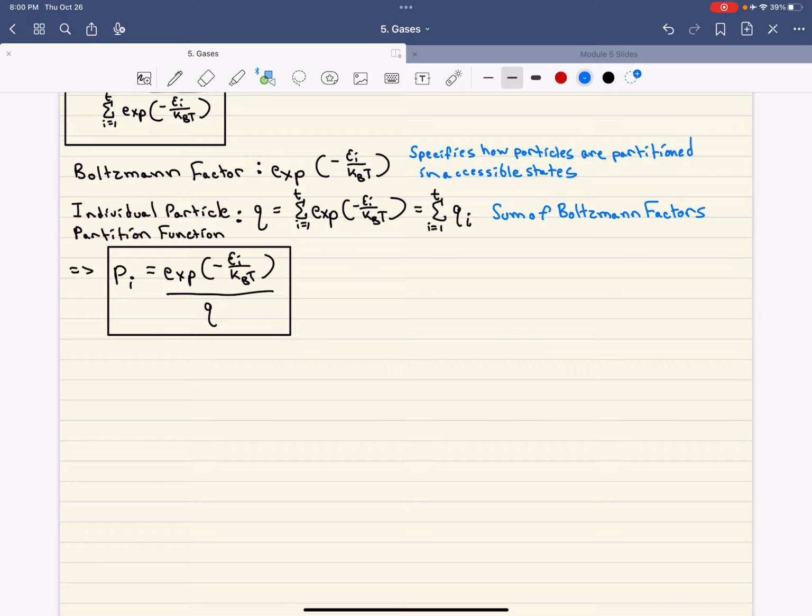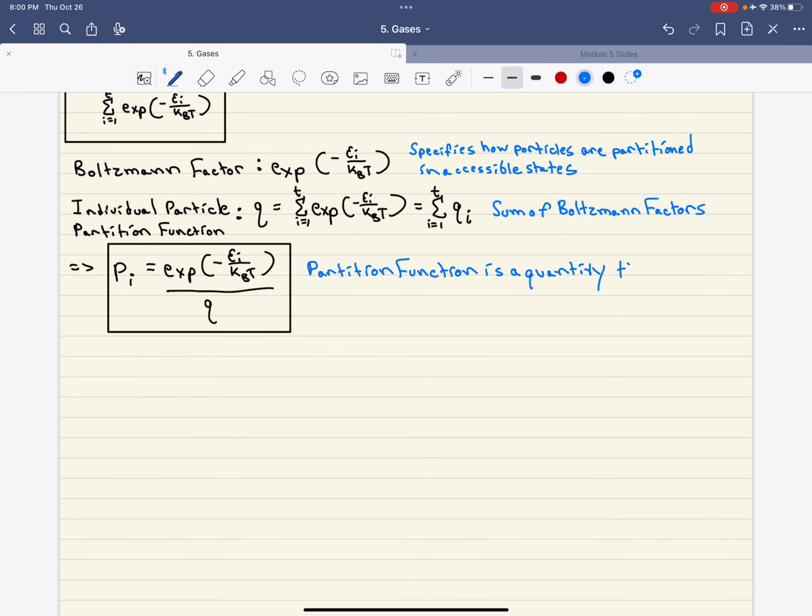And the way to think about the partition function, we could tie it back to our discussion about probability all the way back in Module 1. One of its main purposes is that it just normalizes the distribution function.